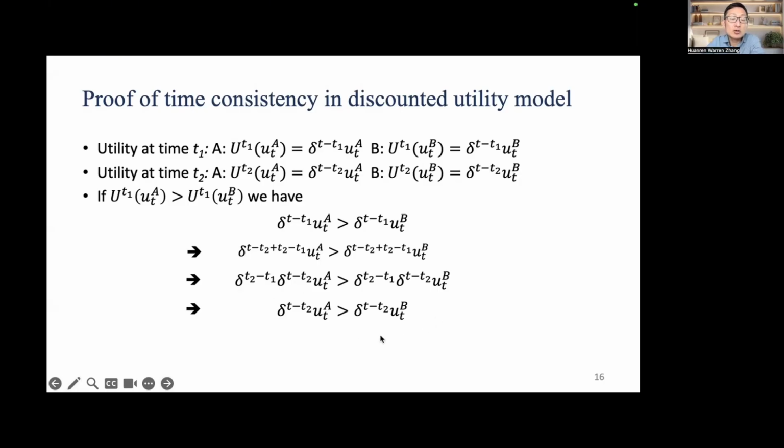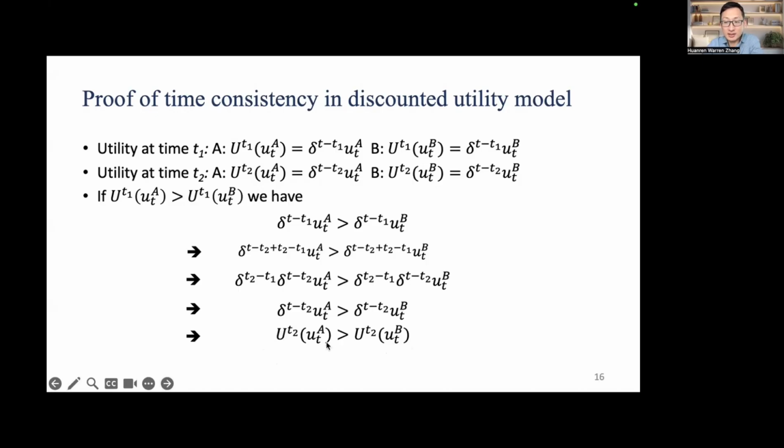But now look at the corresponding measure of utility of the two options experienced at T2, right? So this is exactly the same as the utility of A experienced at T2, and this is exactly the same as the utility of B experienced at T2. So that means we derive the following inequality.